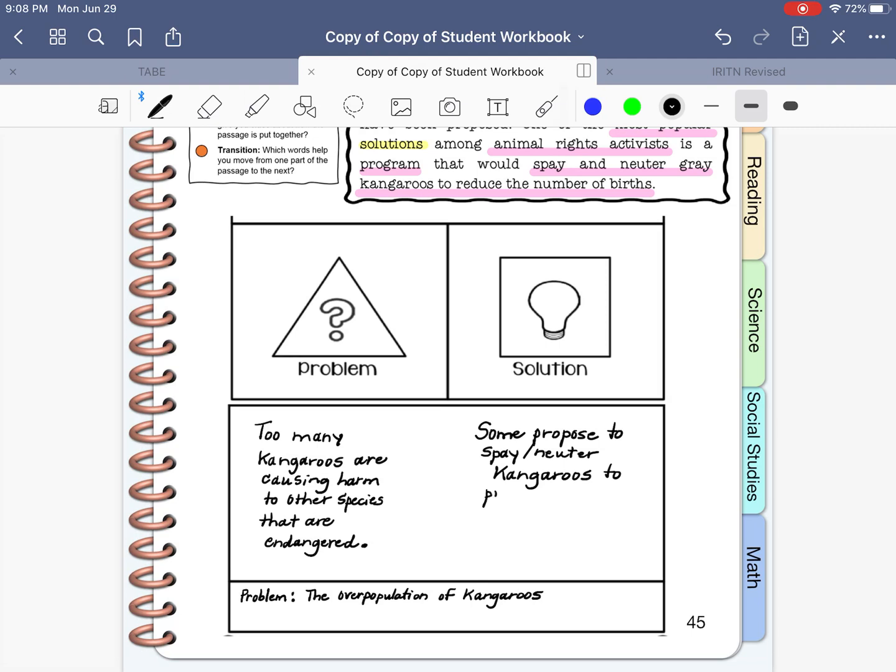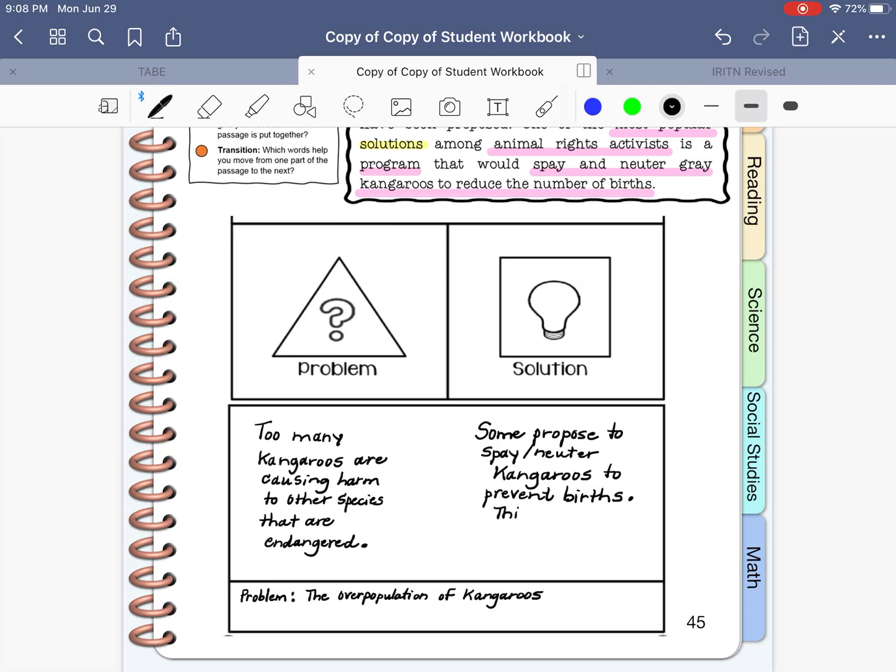Let's say to prevent, because if you spay and neuter, you're going to prevent births, reproduction. And so ask yourself, how would that help? So let's say we stop kangaroos from reproducing.